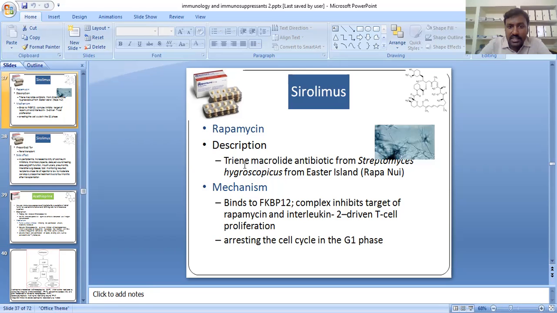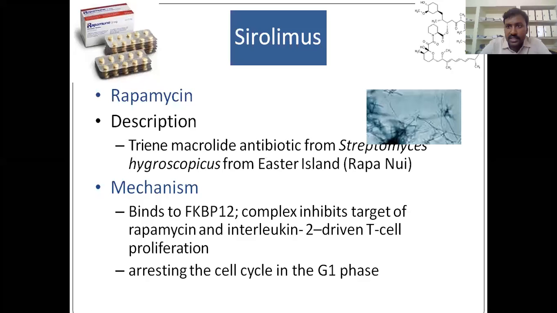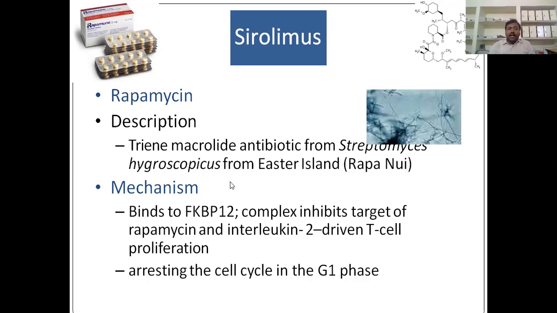This sirolimus drug is a triene macrolide antibiotic, obtained from Streptomyces hygroscopicus from Easter Island.